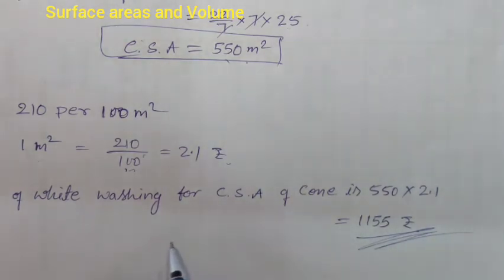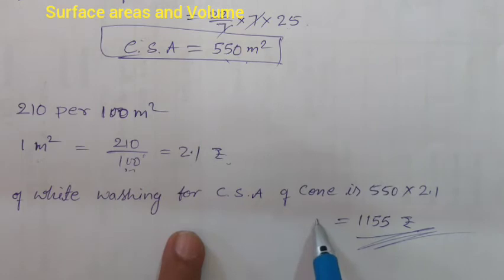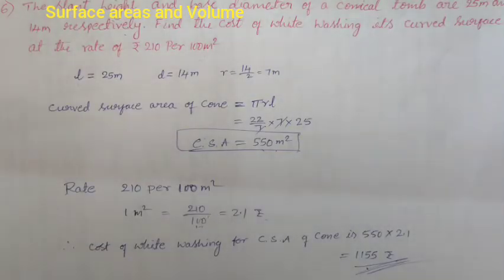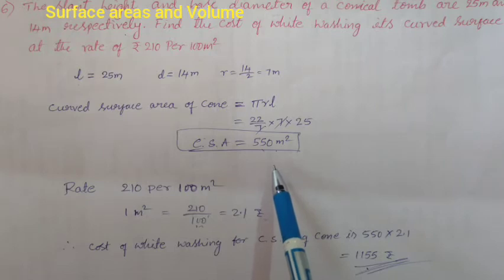The cost of whitewashing this curved surface area of the cone is rupees 1155. In this way we can find the curved surface area, and again the cost for whitewashing that curved surface area is also 1155 rupees.